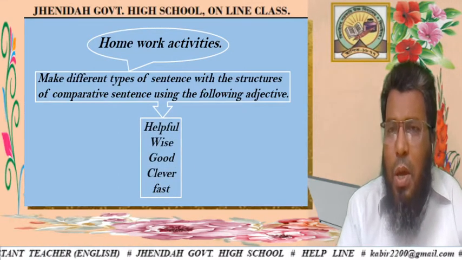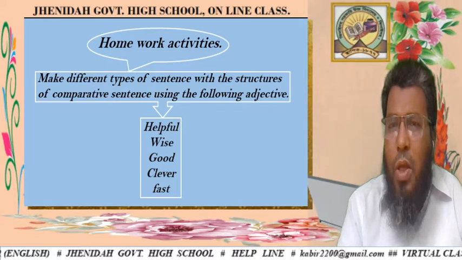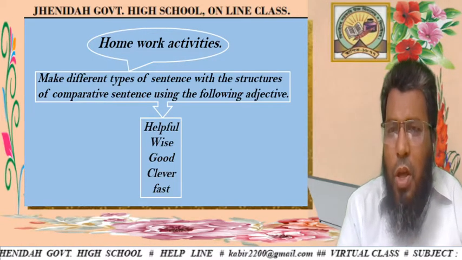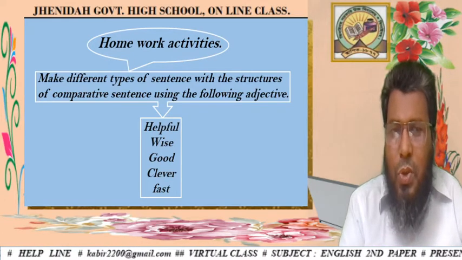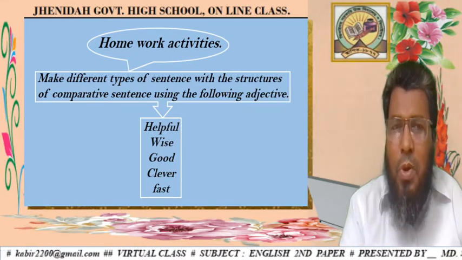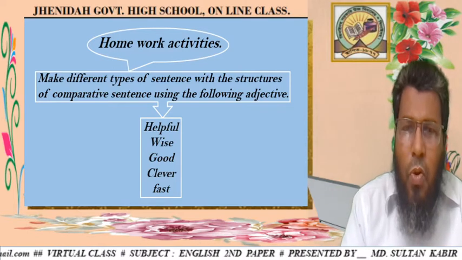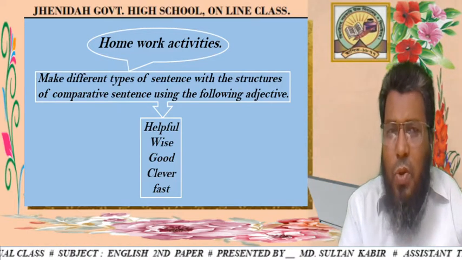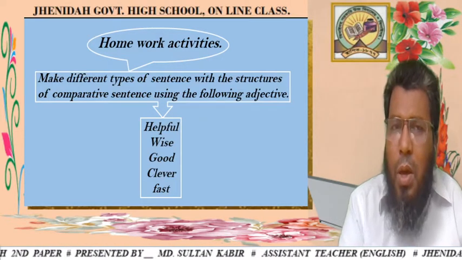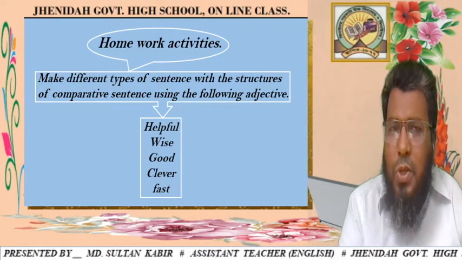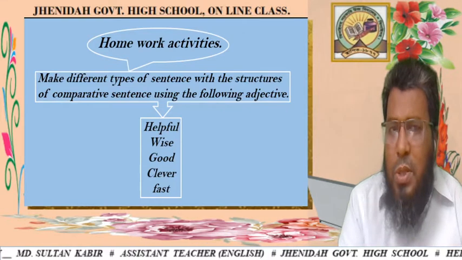First one is helpful, then wise, then good, clever, fast. So all five adjectives are here, and if you follow the four structures of comparative degree, you will make a meaningful sentence using each adjective.